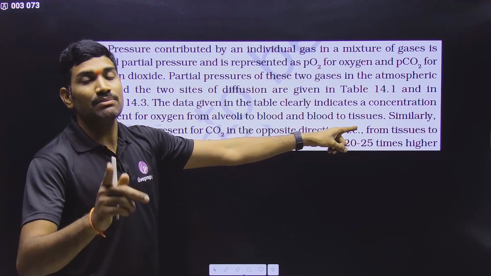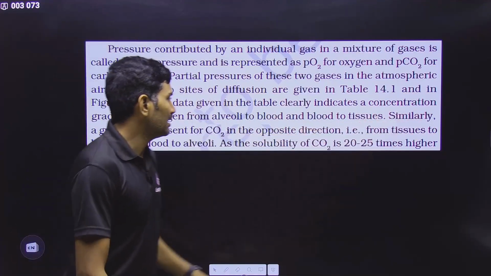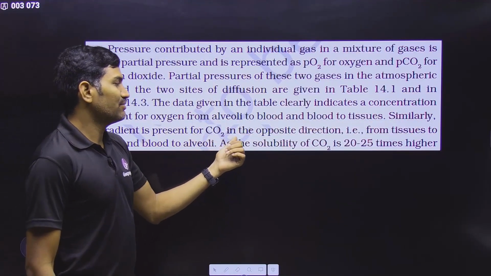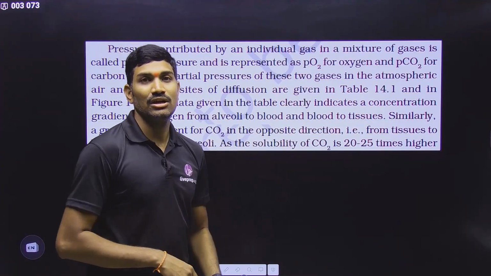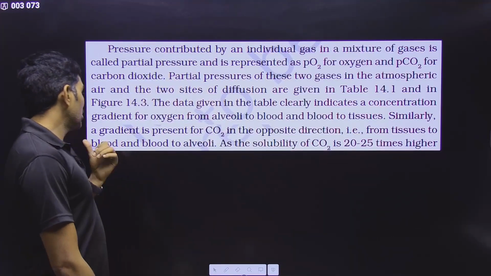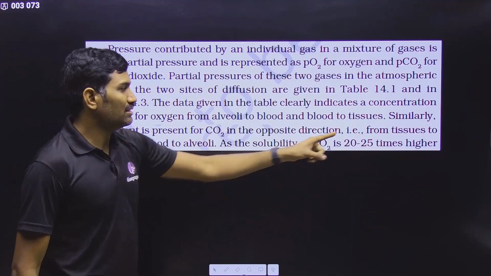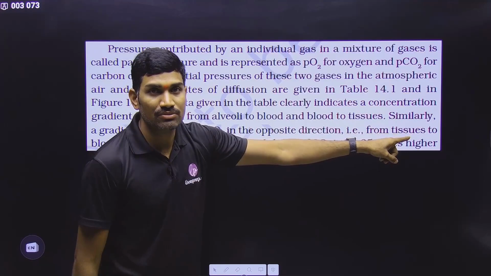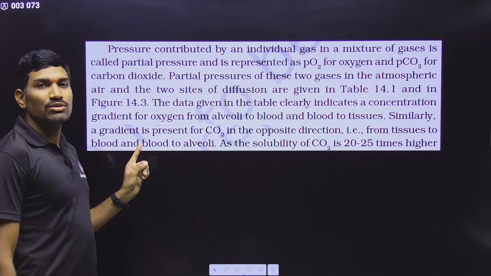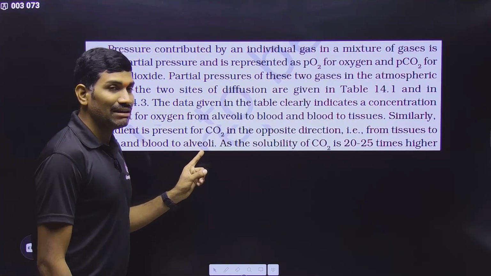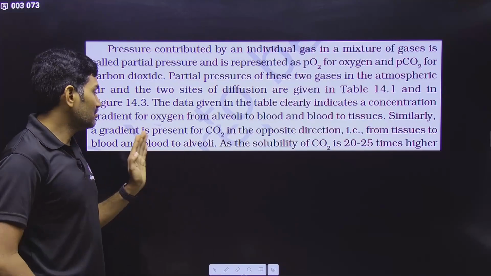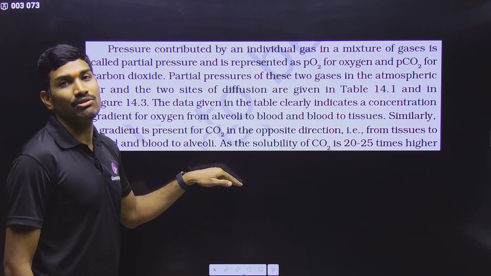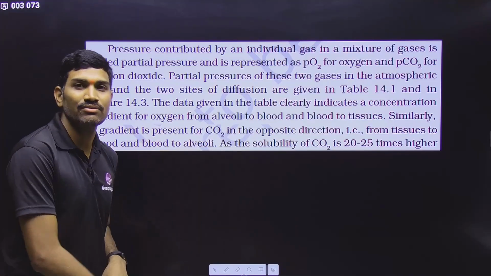Similarly, a gradient is present for CO2 in the opposite direction, from the tissues to the blood and the blood to the alveoli. Tissues have the maximum partial pressure of CO2, so it goes into the blood, and compared with the blood, the alveoli have less. That's why from the blood CO2 goes into the alveoli, in the opposite direction to oxygen.